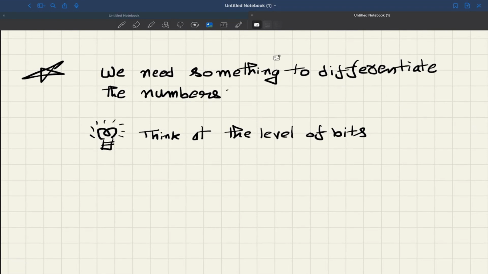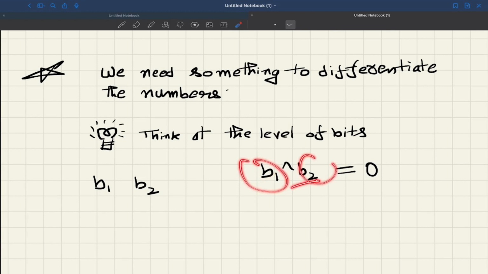Let's do some analysis. Let's say I have a bit B1, I have a bit B2. I don't know what is the value of B1, I don't know what is the value of B2. Alright. But I know the value of B1 XOR B2. Let's say that is 0. I'm saying that B1 XOR B2 is 0. But I don't know the value of B1 or B2, I only know B1 XOR B2.